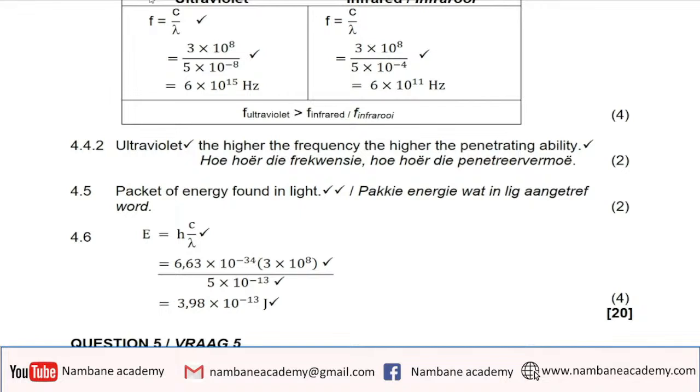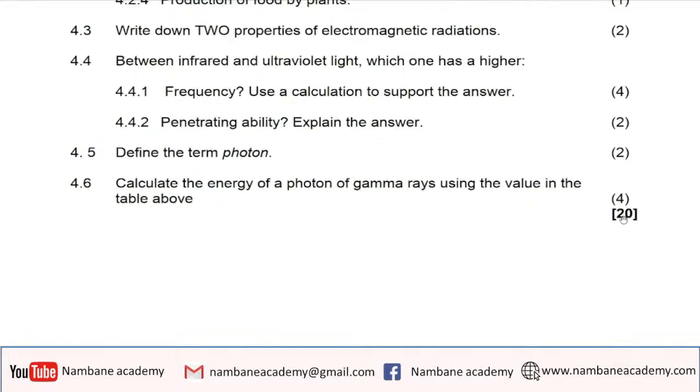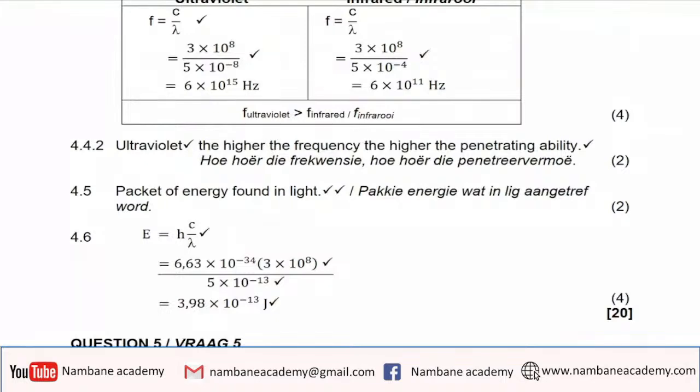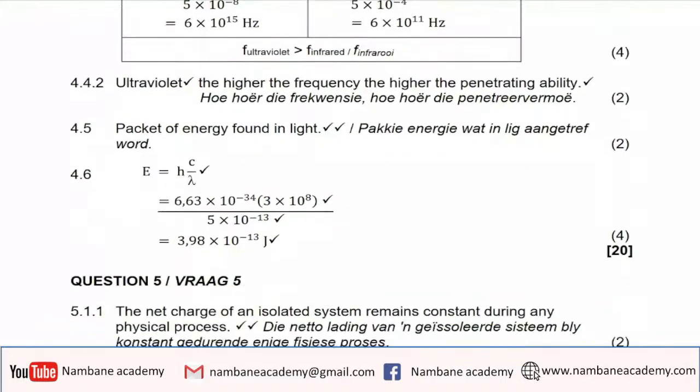And then 4.6, calculate the energy of a photon of a gamma ray using the values in the table. Now for that one, 1 mark for the formula, and then 2 marks for the substitution, because we are having Planck's constant. Those learners should read Planck's constant from the data sheet, and from the table they read the speed of light, and the wavelength is the one that is coming from the table.